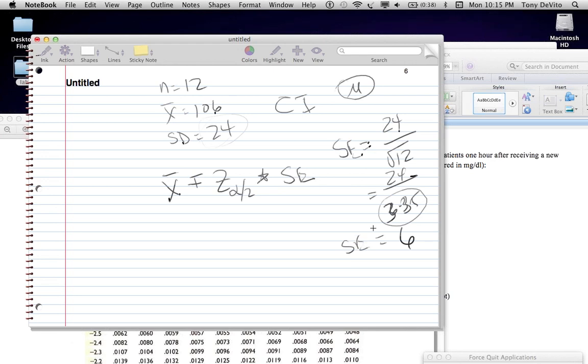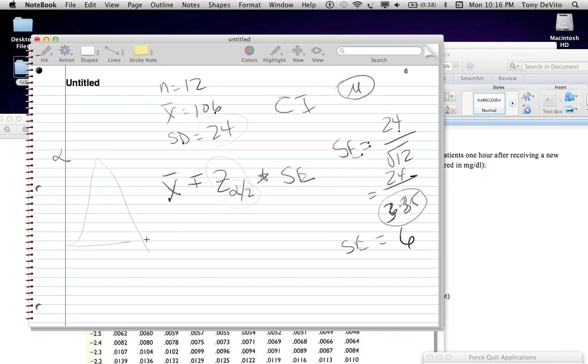Now if I'm going to complete this formula, remember z represents the z-score that we need for a 2.5% error on one tail and 2.5% on the other tail. That alpha represents the amount of risk of error that we have.